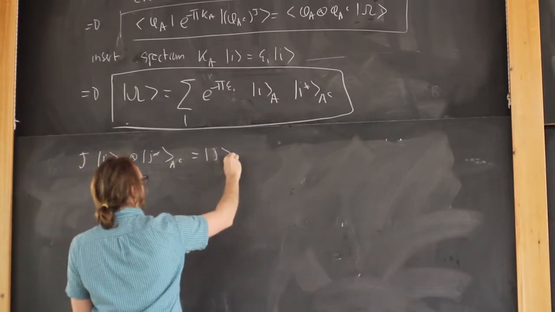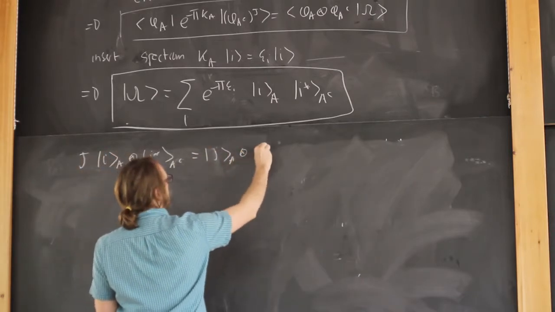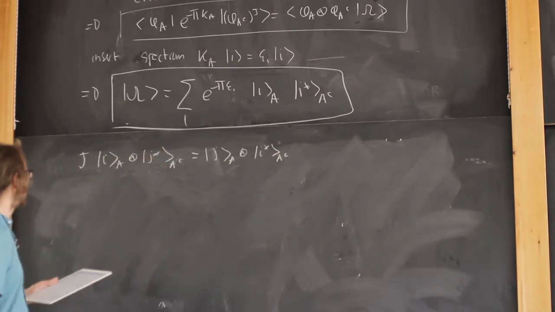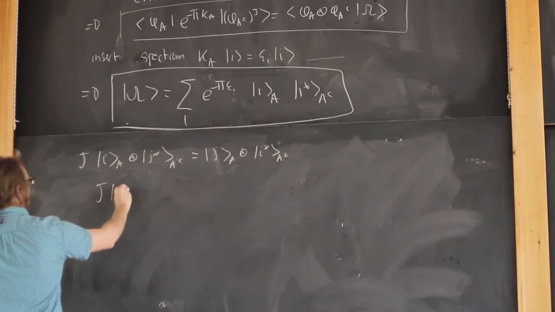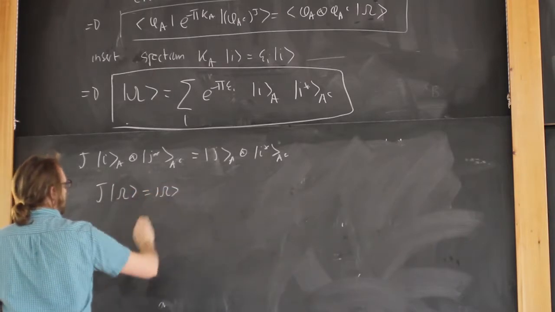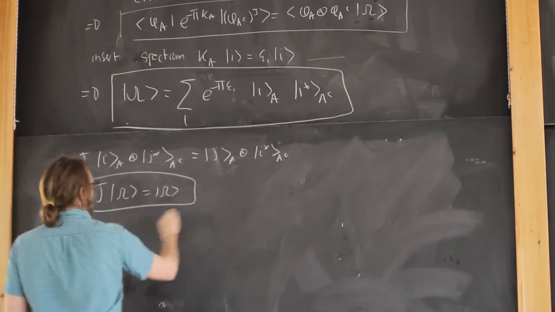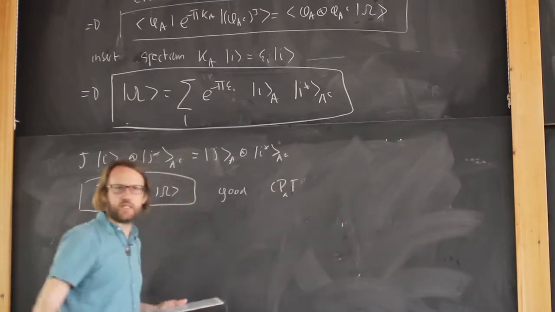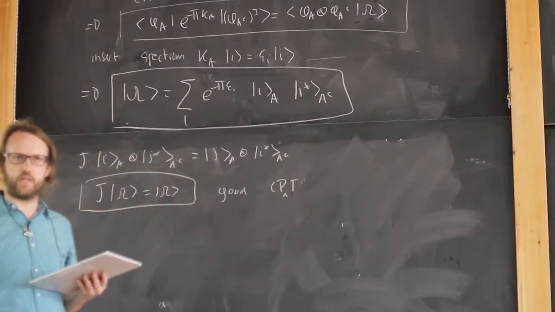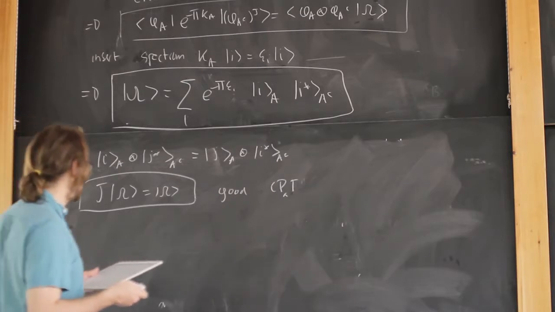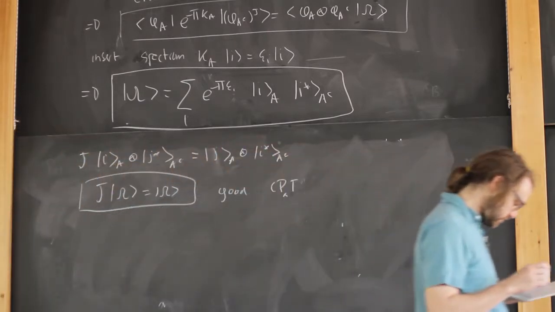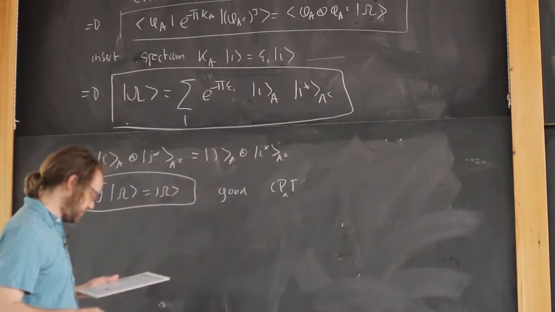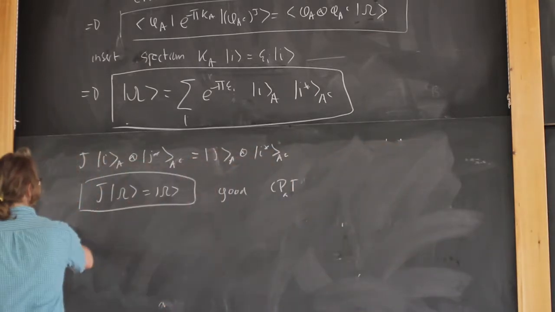So with this definition, you can show that the vacuum state is invariant, and this is good because it's CPT. And so CPT, you expect to leave the vacuum state invariant. Okay, so that's the structure here.